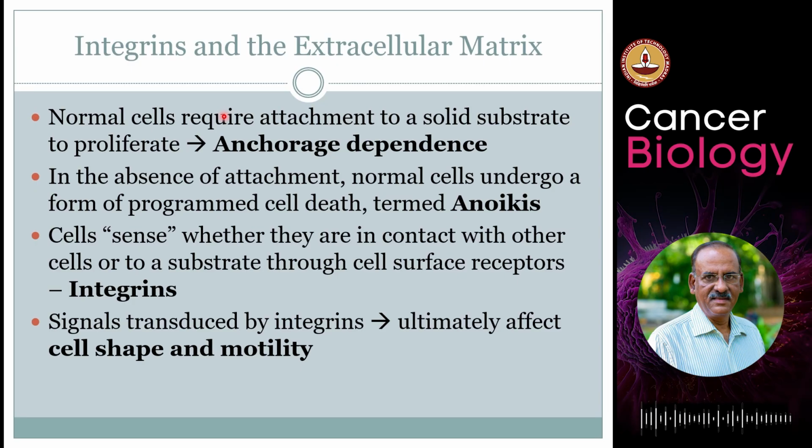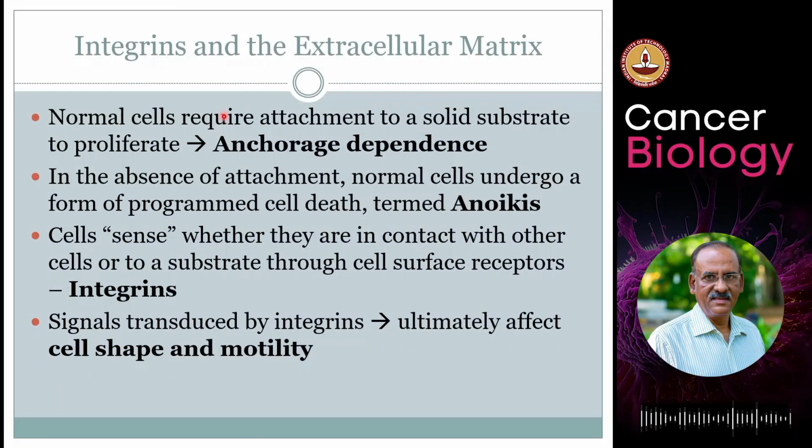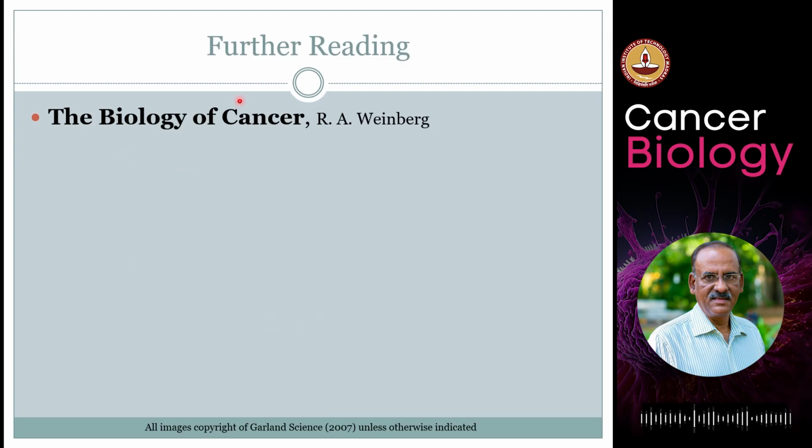If integrins are there, then the cells will understand whether there is a substrate or not, and if it is not there, they are going to commit some kind of cell death. That's called anoikis. Don't confuse it with apoptosis, it's different. Signals transduced by integrins, therefore, affect cell shape and motility. So this is an important concept to understand.